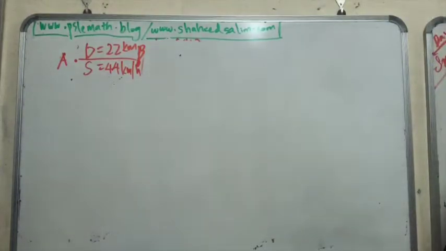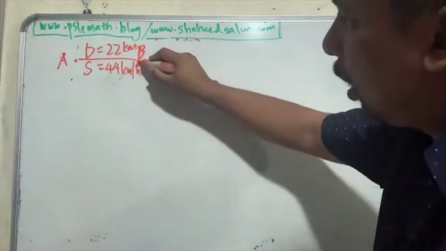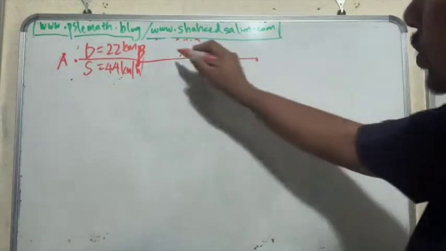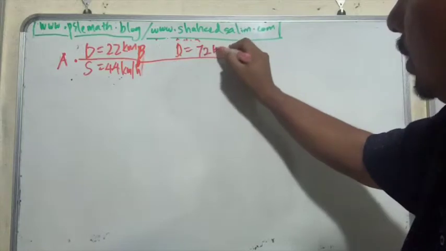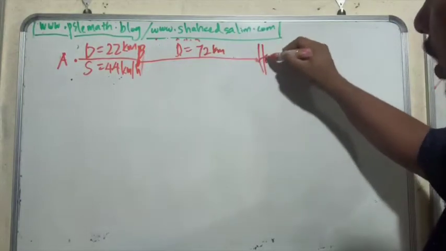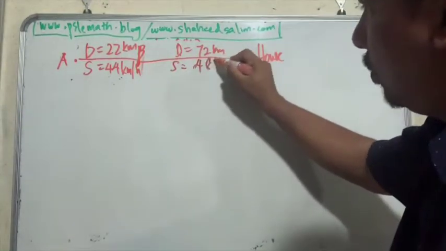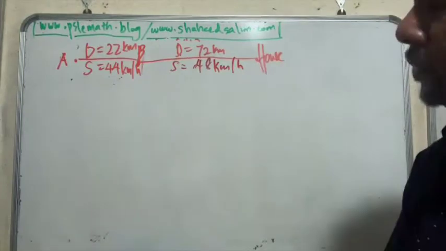And then from town B he traveled back home. The distance is 72 kilometers, and this is home or house. The speed is 48 kilometers per hour.